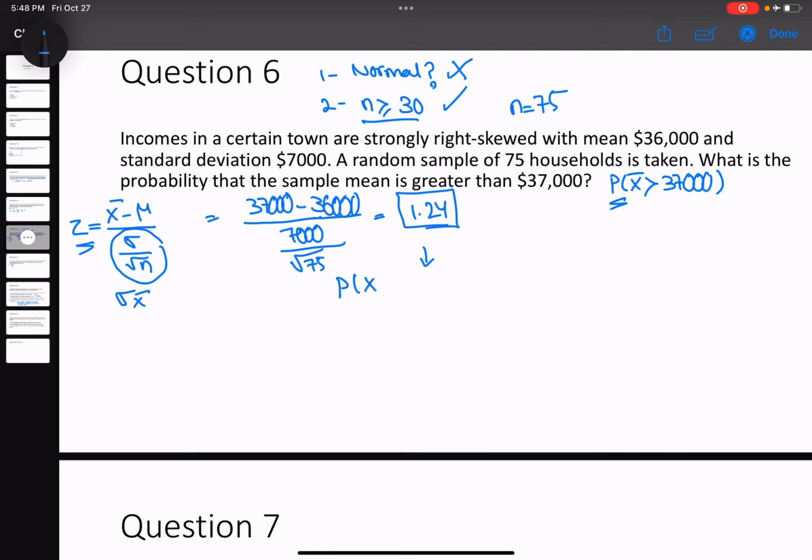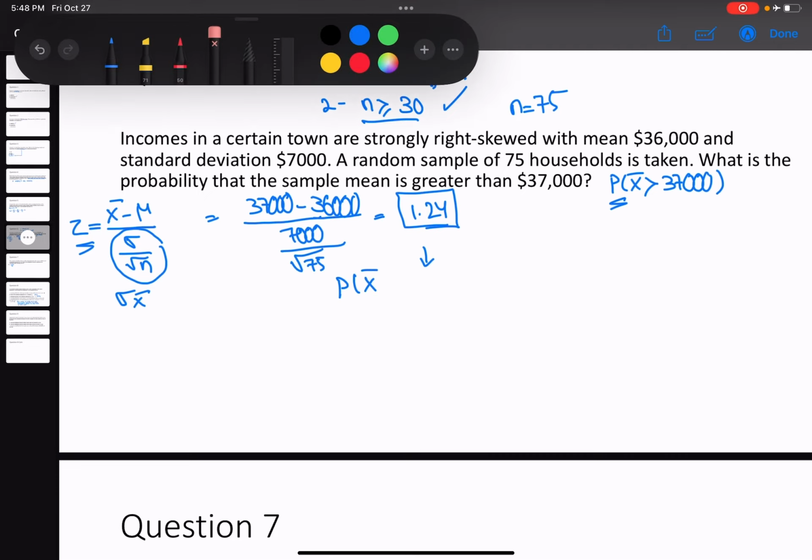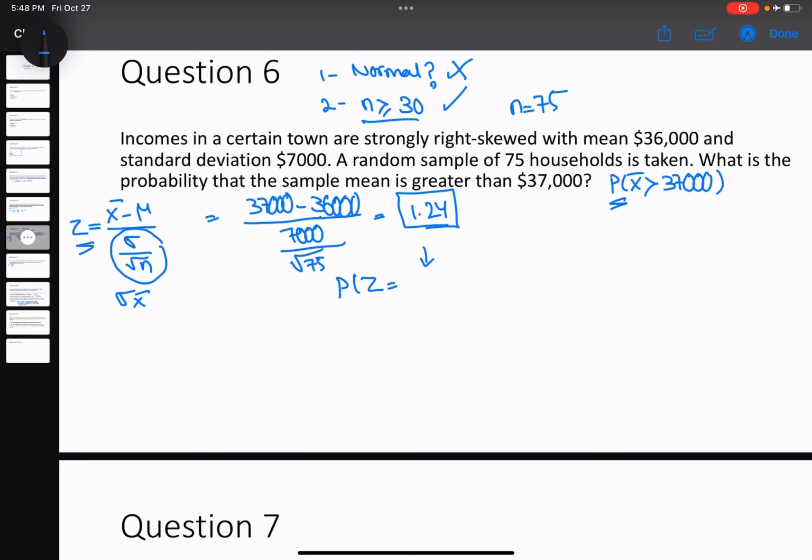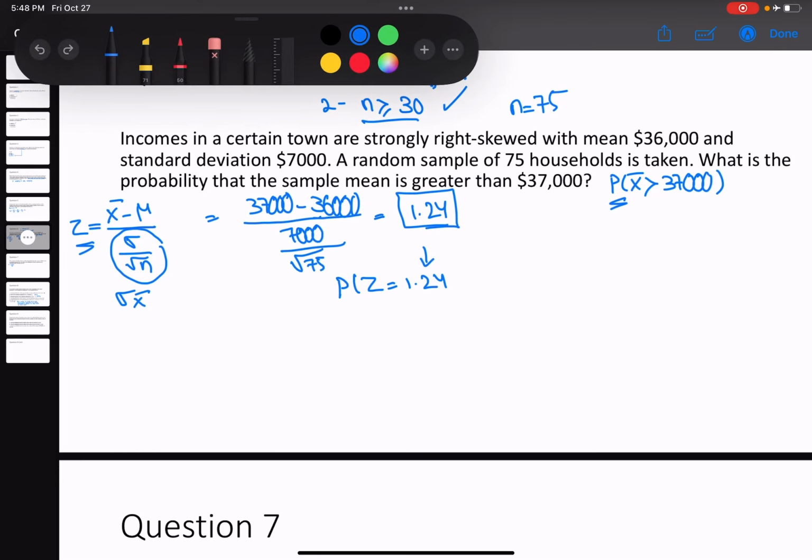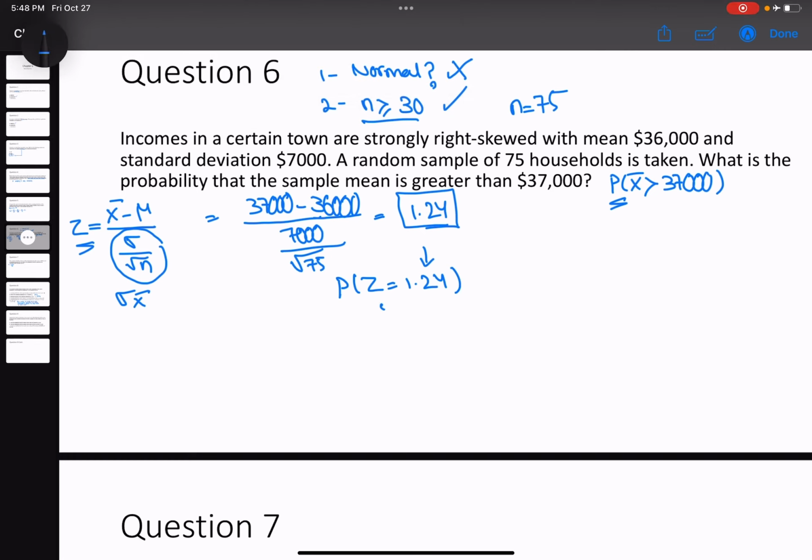So for p of x bar, the p for z equal 1.24 is 0.8925, but in order to get the p we have to use the complementary rule, and we subtract this value from 1, and it's equal to 0.1075.